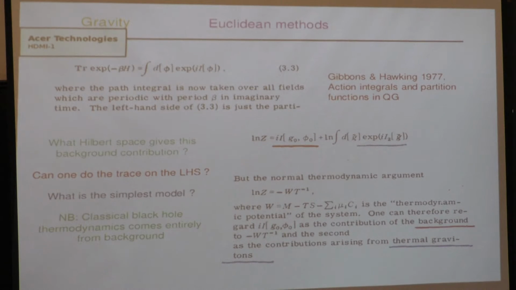So for instance, in Chern-Simons theory, in any of these theories, you compute the partition function, and there's always this contribution which you get from the classical Euclidean action with suitable boundary terms that you evaluate at the background, and that gives a contribution to the partition function. And my question is, in a simple model, can you understand what the degrees of freedom are for this classical contribution to the partition function?